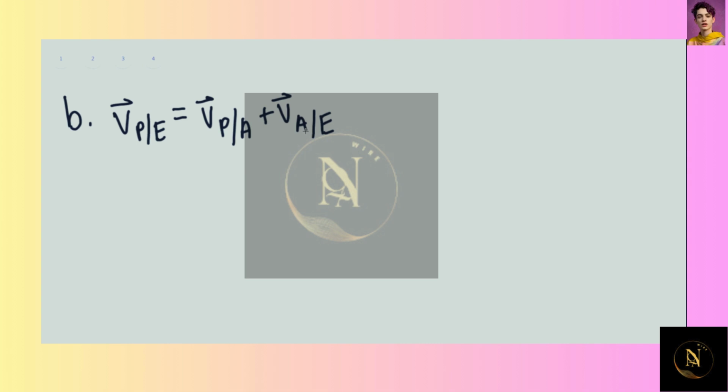The velocity of the plane relative to the air is 220 kilometers per hour, but we don't know the direction yet. And the velocity of the air relative to the Earth is 40 kilometers per hour, due south.